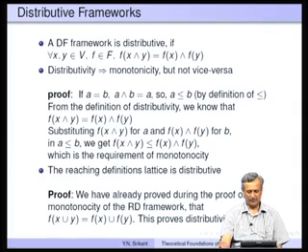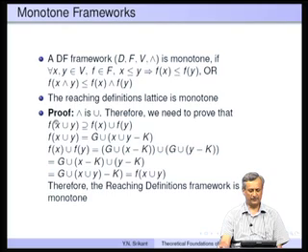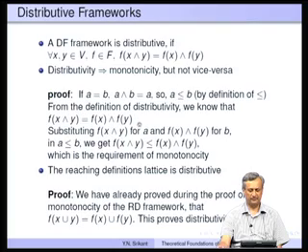The next important property of the framework is distributivity. A data flow framework is said to be distributive if for all x, y in V and little f in the transfer function set F, we have f of x meet y equal to f(x) meet f(y). Recall that we have already proved f of x union y equal to f(x) union f(y).